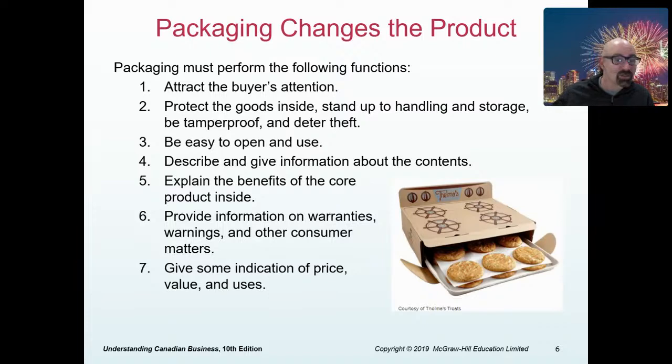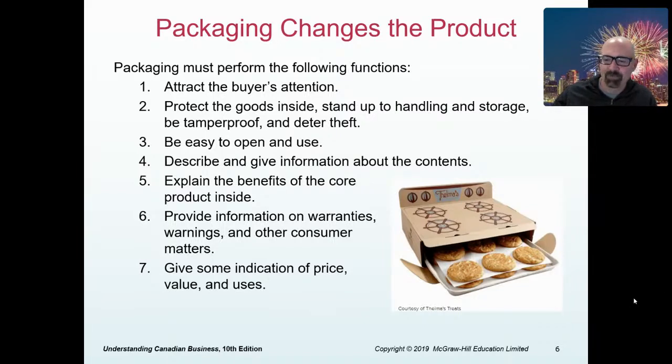So it does need to have some sort of information. What else? Often it will give you information about the warranty, or where you can go to get more information, and it will give us some idea about the value it offers, what uses it can be good for, and somehow either attached directly or on a sign right beside it, it'll give us the price, or should anyway.